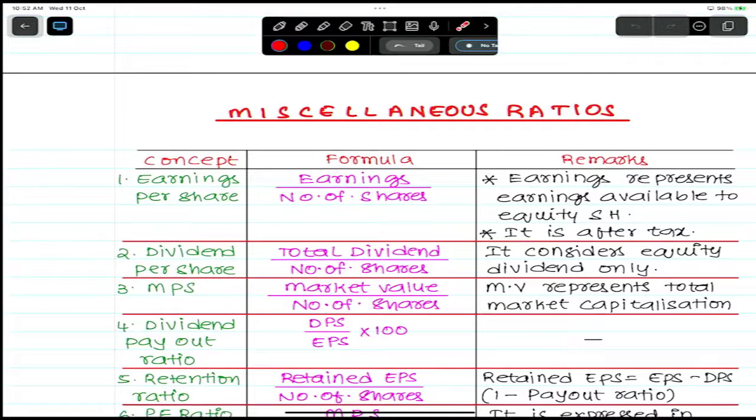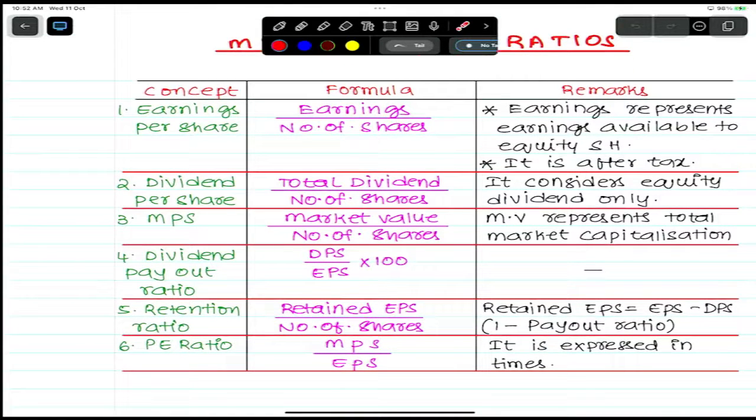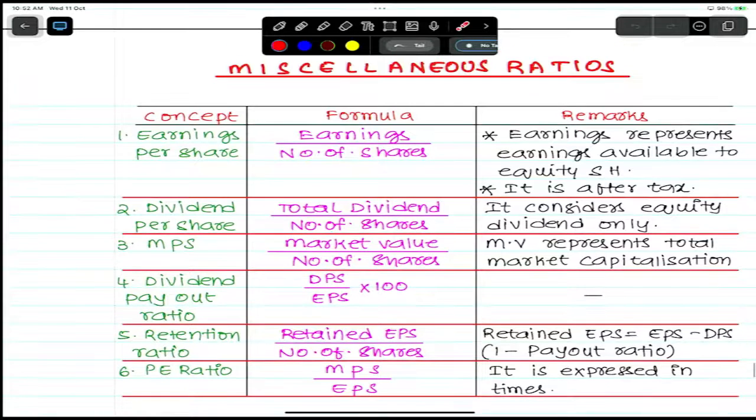Keep the heading Miscellaneous ratios. Okay, heading only. Stop there.